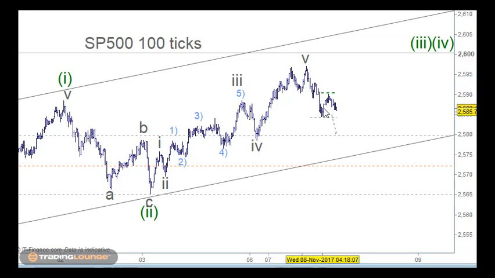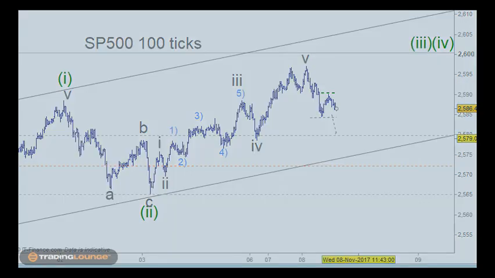Because we get 5 waves coming down here, then after correction we'll see another 5 down. Then at that point we would be looking at more of a bearish picture.